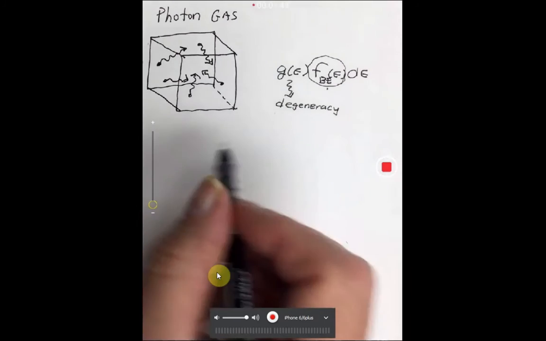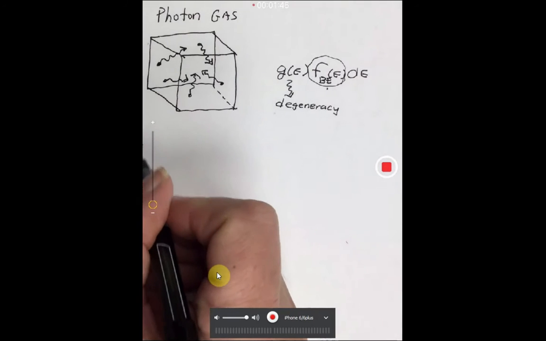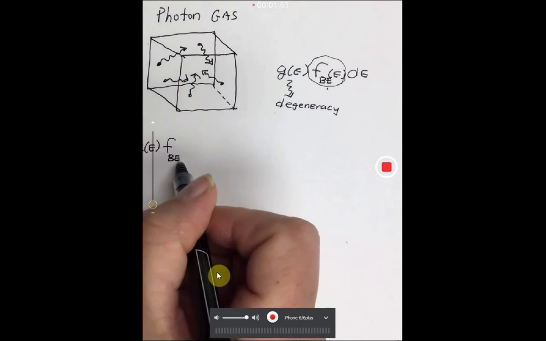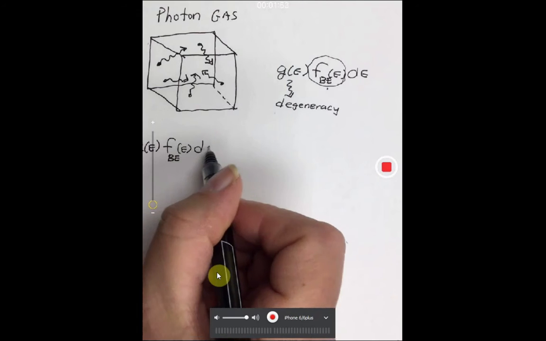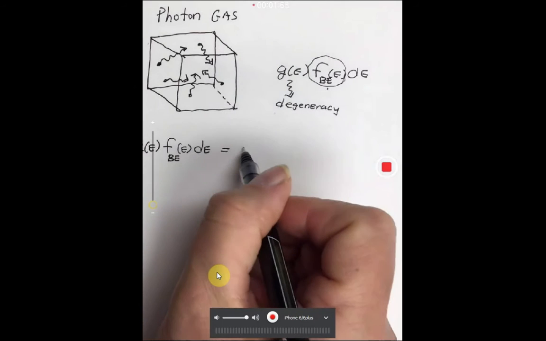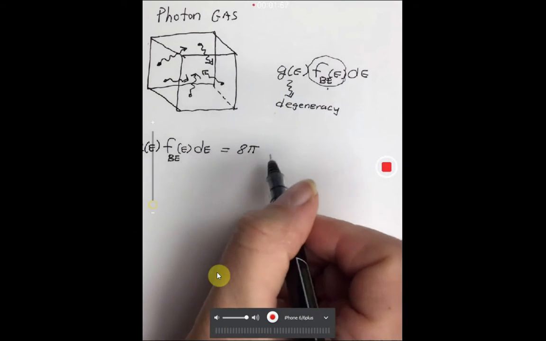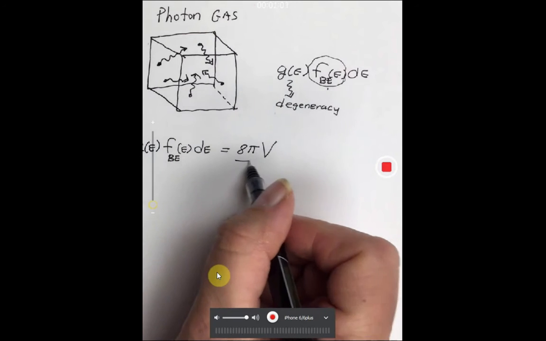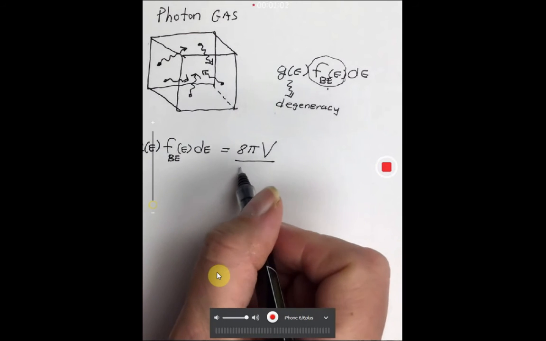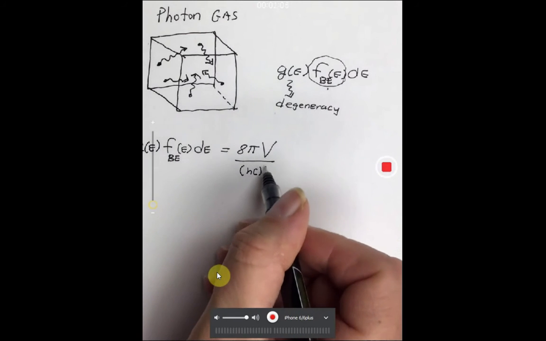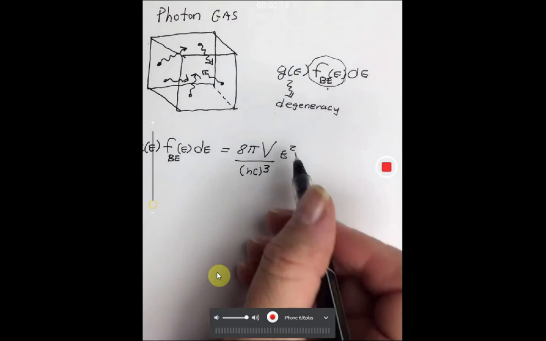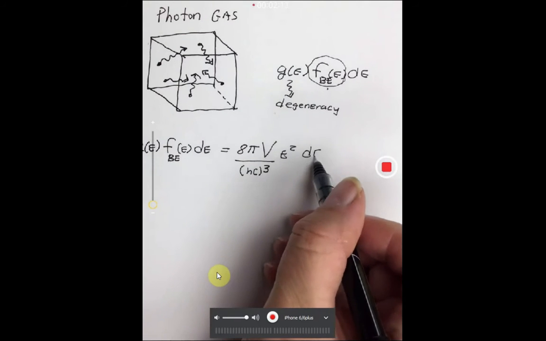So this is the degeneracy, and we found out that it is equal to 8 pi, times V, the volume of the container of the photons, over hc cubed, times E squared dE.